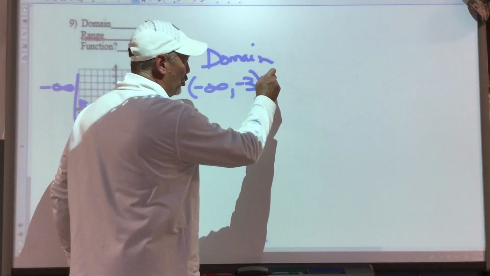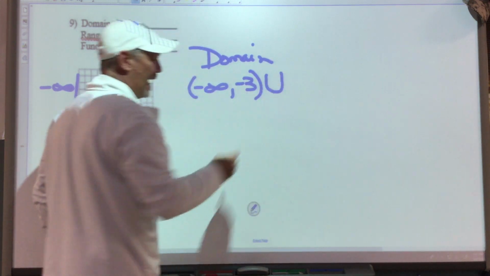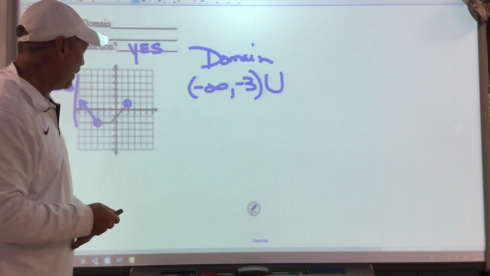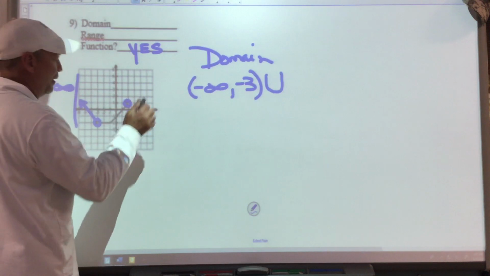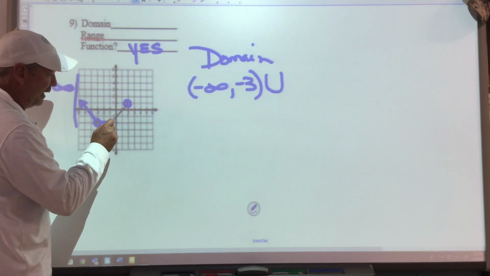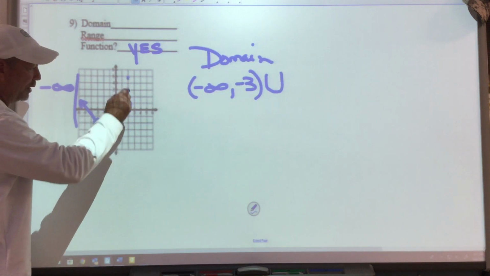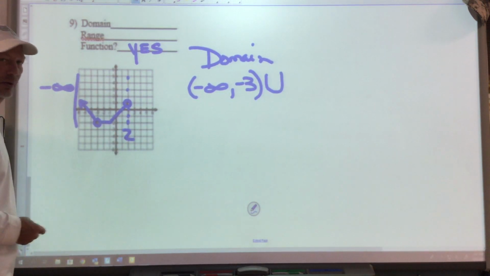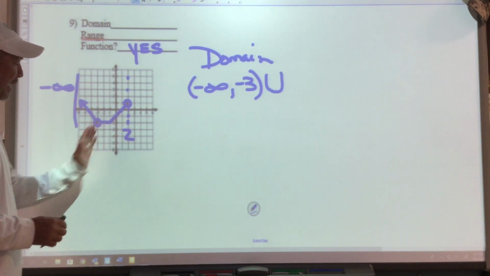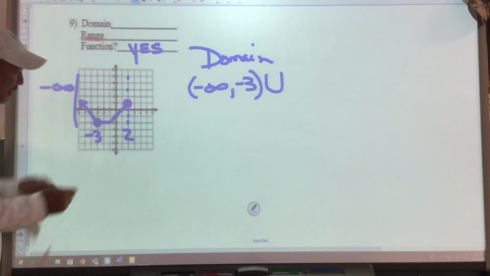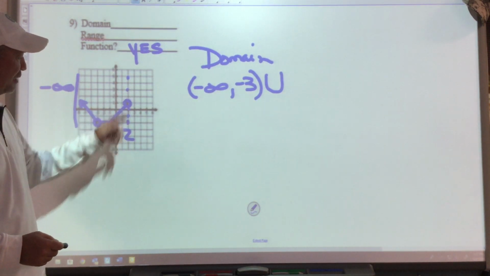Now I'm going to put a U here because I have to hold together. I have a union for the gap, and then I'm going to continue on until I get to this hole. Where is this hole located? This hole is located at 2. So I'm going to go from -3. I'm at -3 right here, and I travel until I get to the number 2.